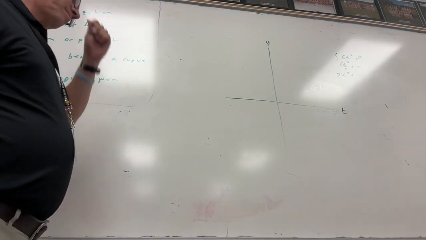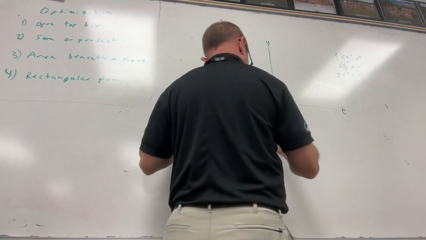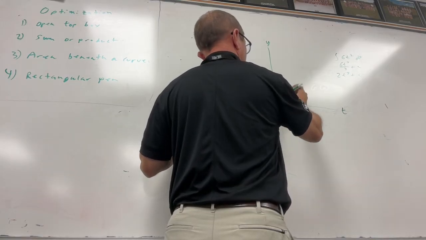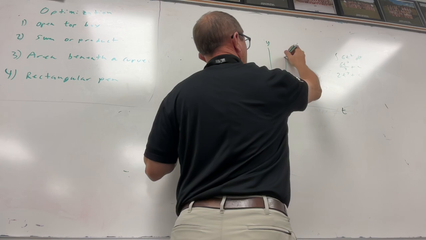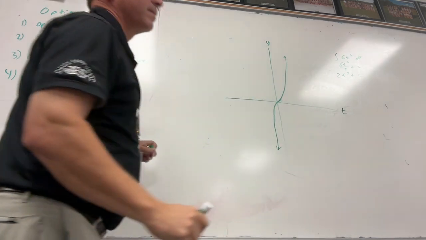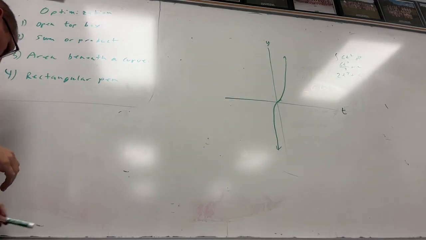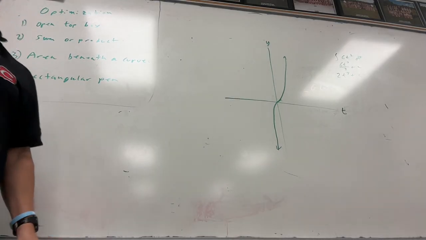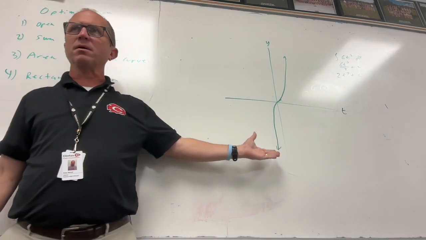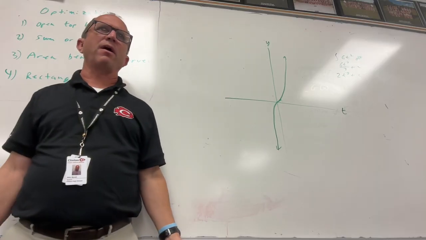Now, 2t cubed's graph would look something like this. Now, what does it do to 2t cubed when I put the constant value with it?